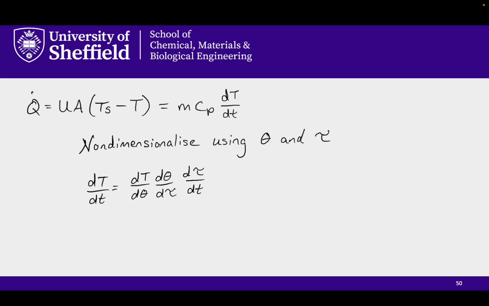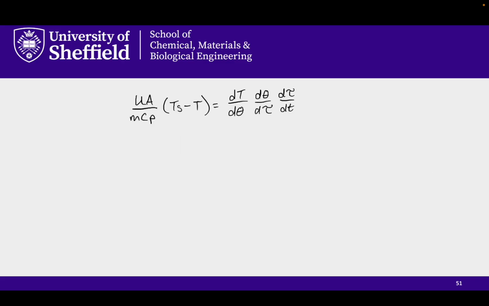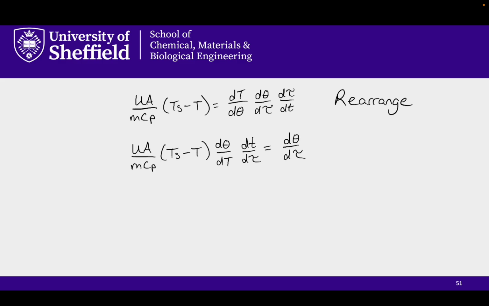Expanding the derivative term using the chain rule, we get this expression for dT/dt, which we can plug into the equation, noting that we haven't yet actually chosen what we want theta and tau to be, but we use the form of the equation that we derive to decide what makes sense for those definitions of theta and tau.